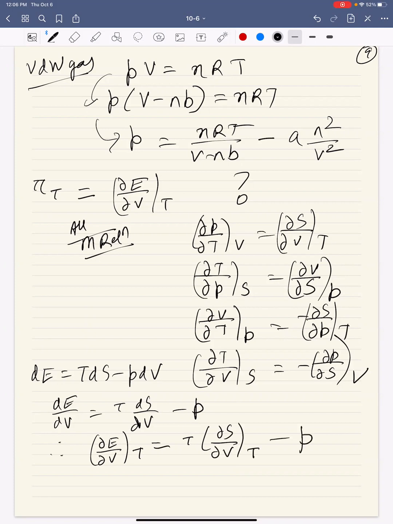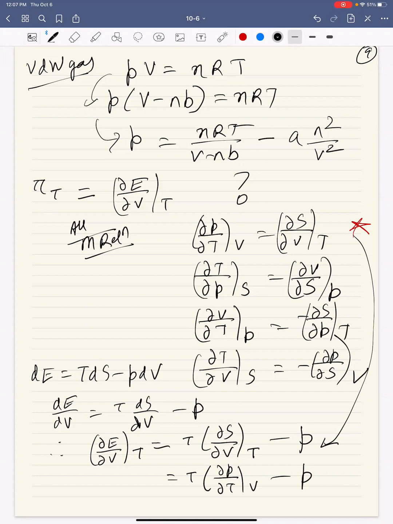Now, does anyone see which Maxwell relation might be helpful? First one. I just have to stare a little bit, right? And then you see. Stare after some manipulation. That's the formula. So if we use this one over here, what do we get? We get T multiplied by partial P by partial T at constant V minus P.